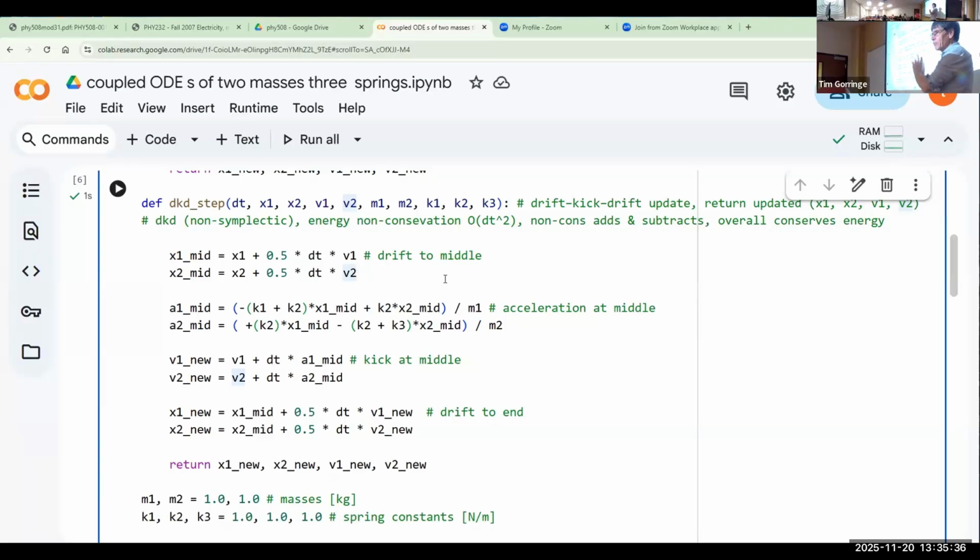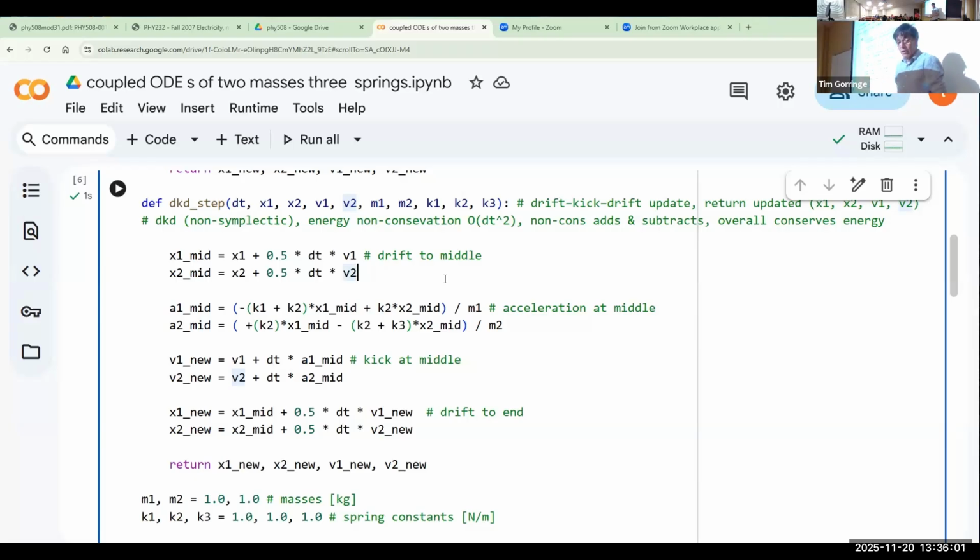And I'm not proving this in any way, but this drift method gets rid of the problem of the delta T order energy conservation, and leaves behind just a delta T squared energy conservation problem that doesn't always add in the same direction.